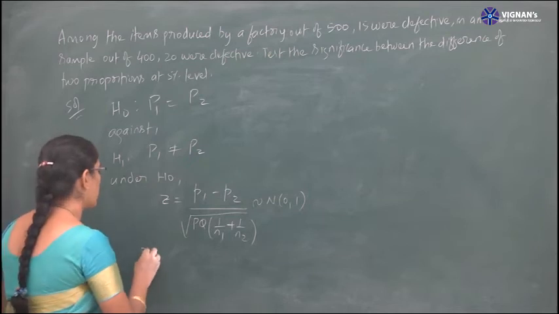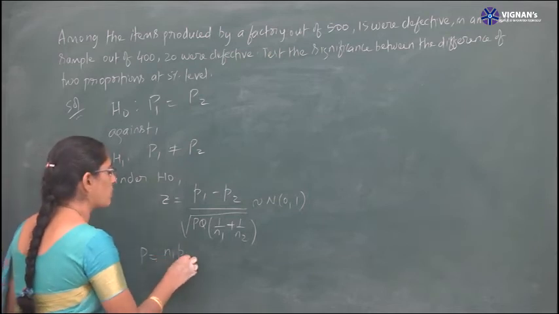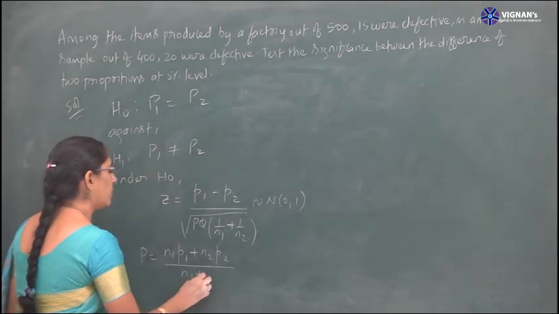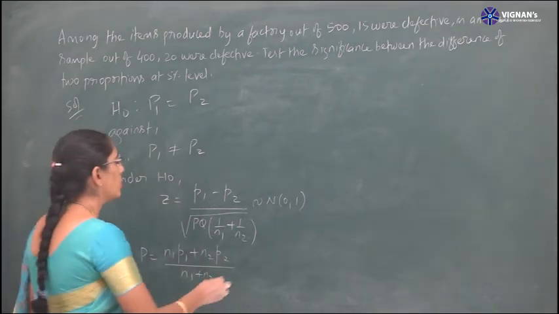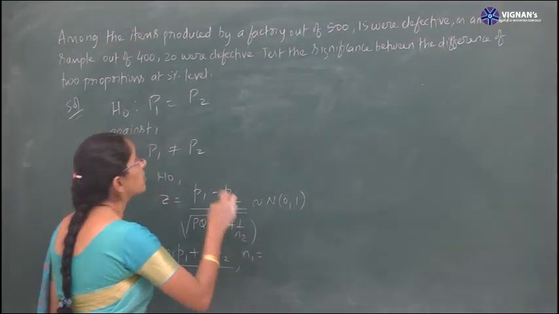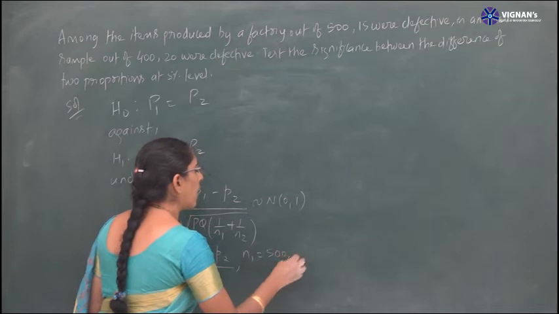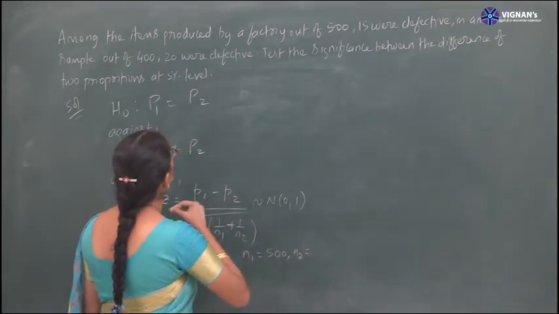Now we know that capital P is N1 into small p1 plus N2 into small p2 by N1 plus N2 here. So if you see the given data, the first sample size is here 500, and the second sample size is here 400.